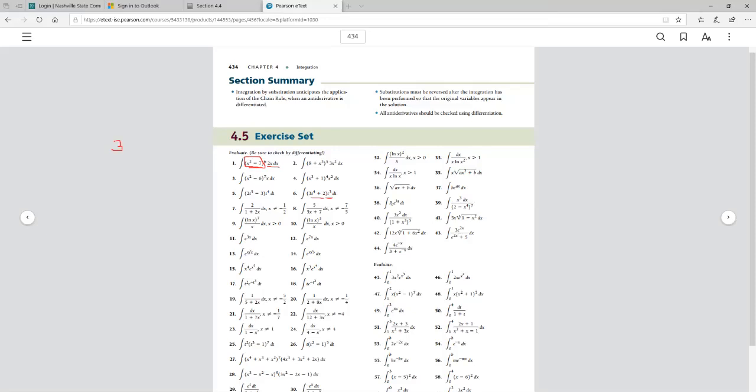If you look at 2, this is going to be our u. And then we have t cubed here, with respect to t.